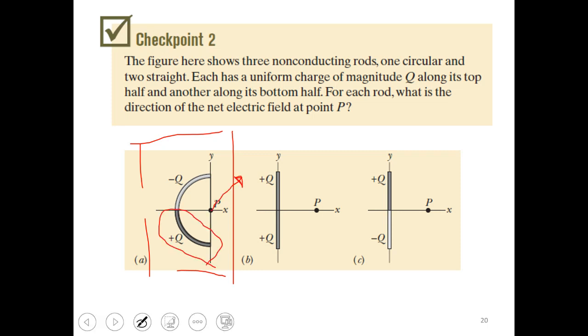For the E field generated by the upper part, it will point this way. So the horizontal component will be cancelled, so this one points upward.